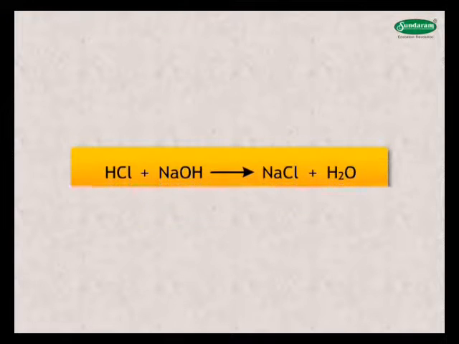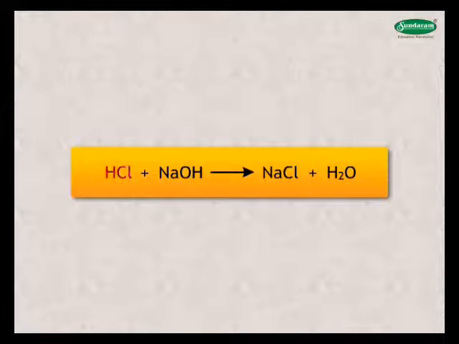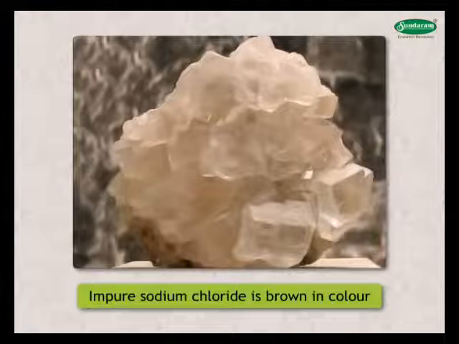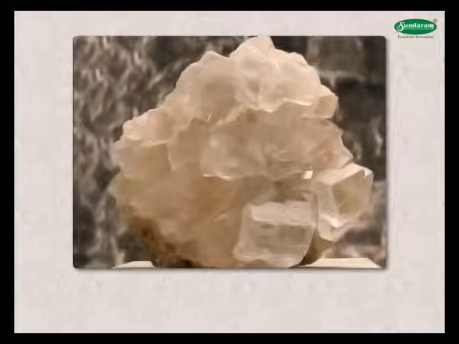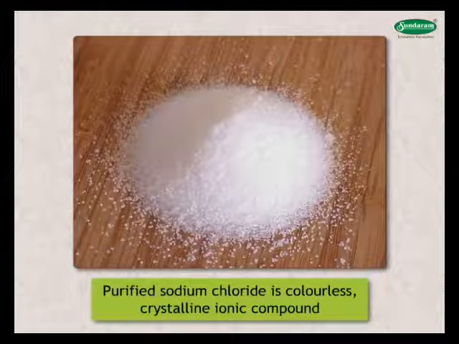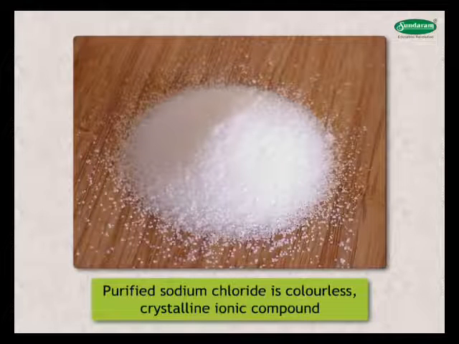You have learnt that strong acid HCl and strong base NaOH react together to form the salt sodium chloride, that is NaCl. Impure sodium chloride is brown in color and is known as rock salt, while purified sodium chloride is a colorless, crystalline ionic compound.